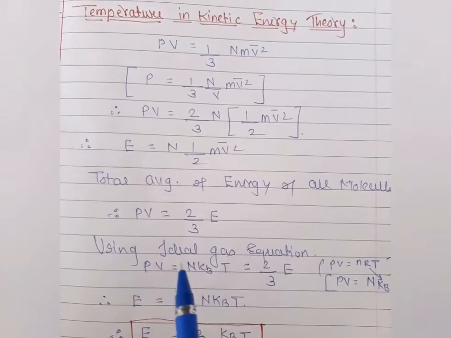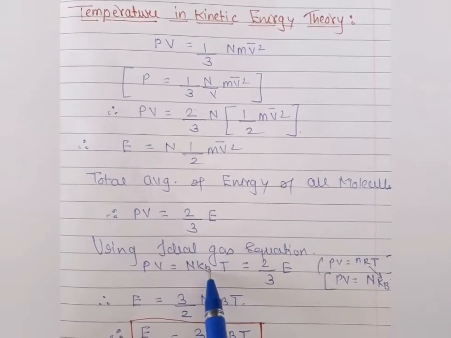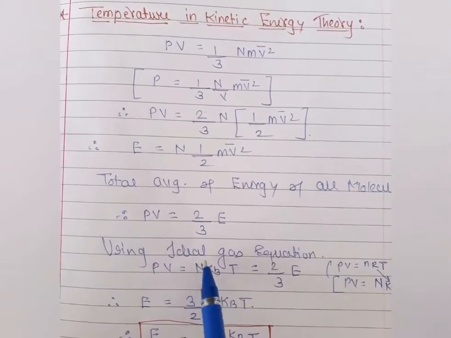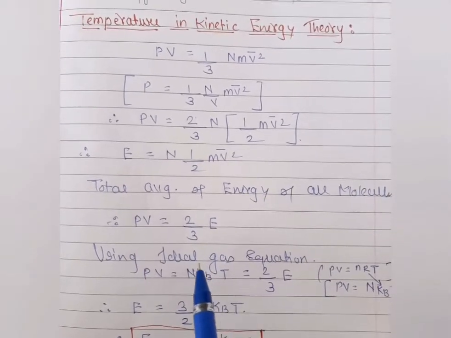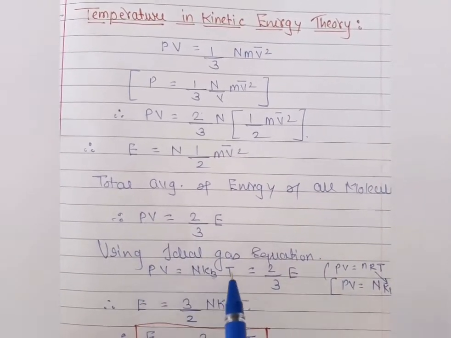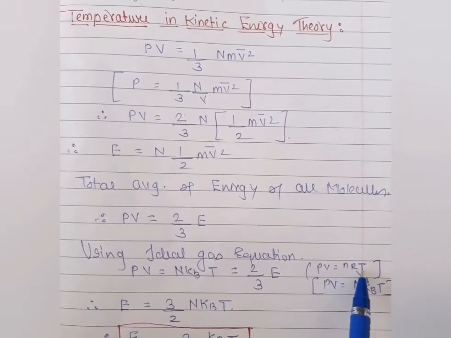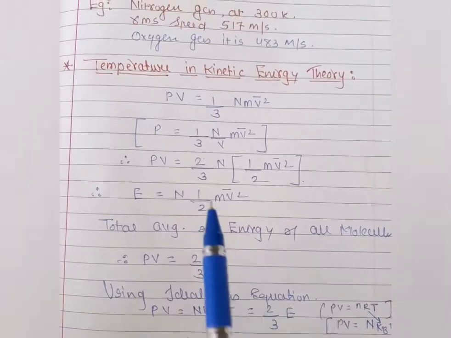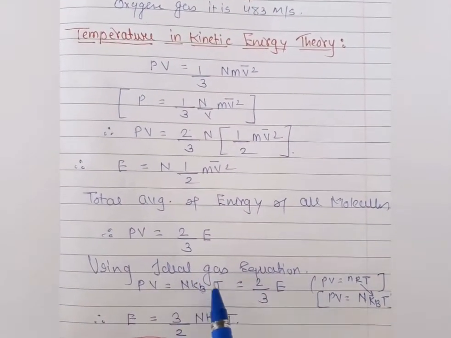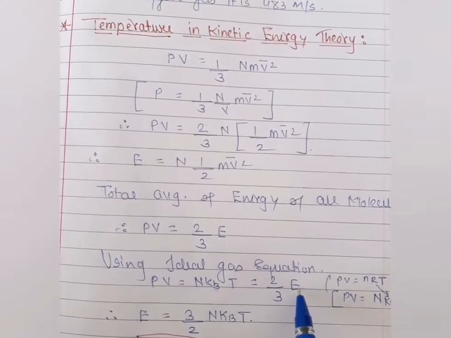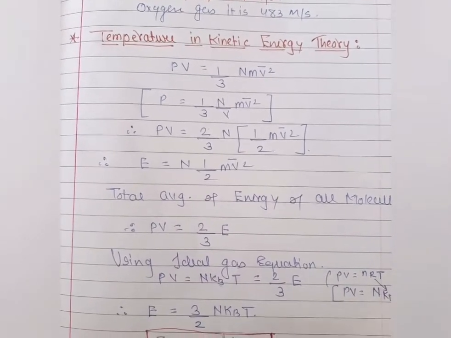Here, in the place of R, we are taking the Boltzmann constant. Since the temperature is constant, N kB T is equal to 2 by 3 E, and we rearrange this term in the form of kinetic energy at the temperature of the gas.